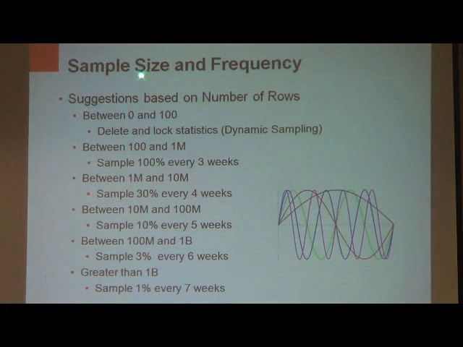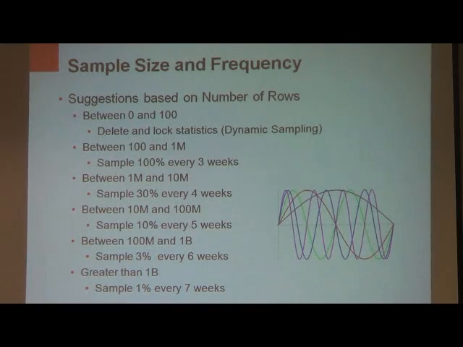If we're dealing with small tables, we may want to do what is done in SIBO. With small tables, they delete and lock statistics. Why? Because with dynamic sampling, even though we read only 32 blocks, a small table is going to fit in those 32 blocks, which means we're going to gather 100%.